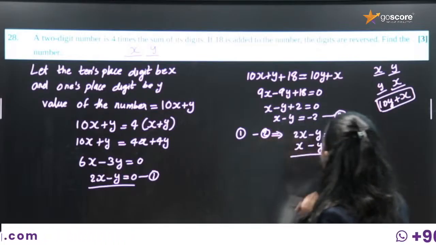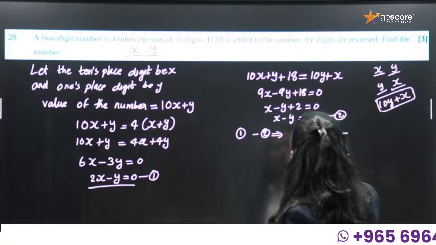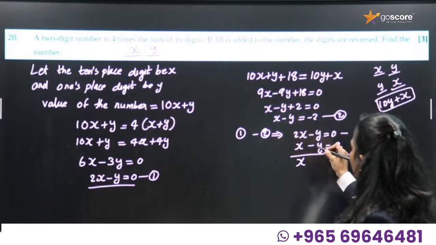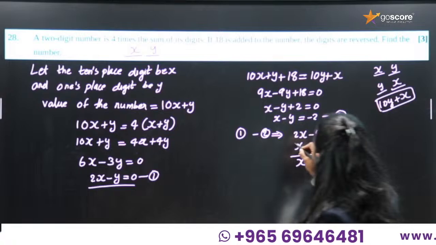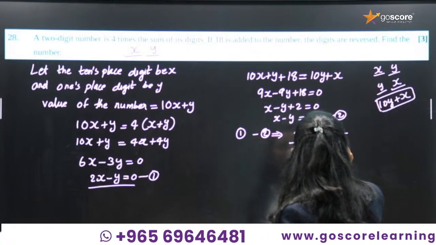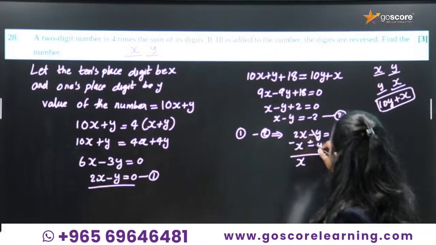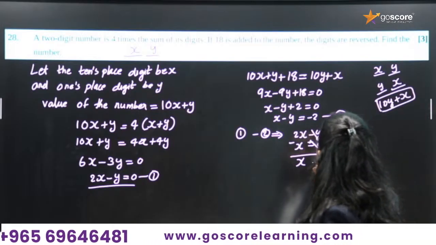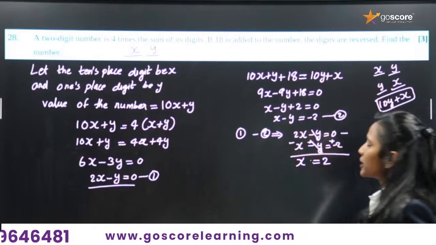Then 2x minus x is x and minus y minus minus y, we change the signs. So y and y will get cancelled and 0 plus 2, so x equal to 2. You will be getting x as 2.